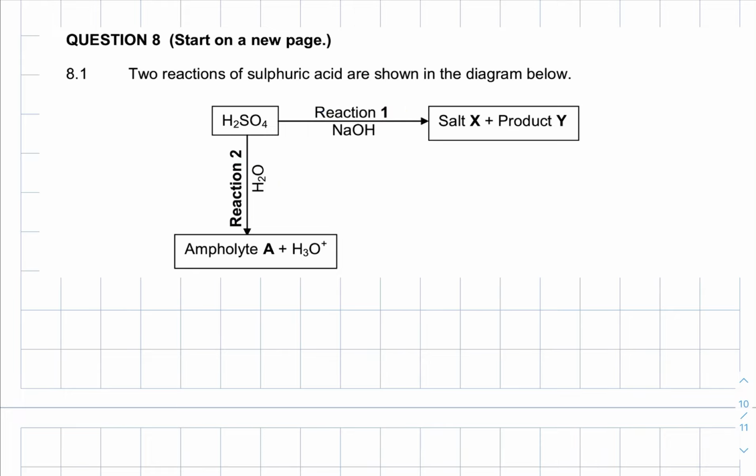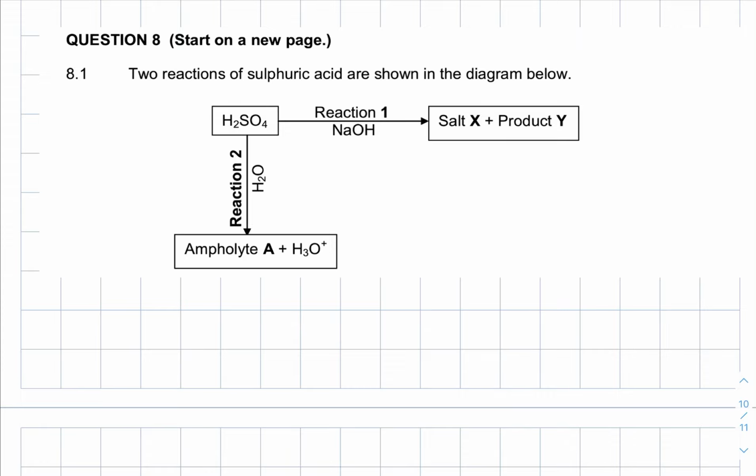Before we go down to answering the problem, we should take a look at the reactions and see what's going on, because they're incomplete. For reaction 1, sulfuric acid is reacting with a strong base, sodium hydroxide, to produce salt and water. We know that the neutralization reaction between an acid and a base always yields salt and water. So the product Y would represent water.